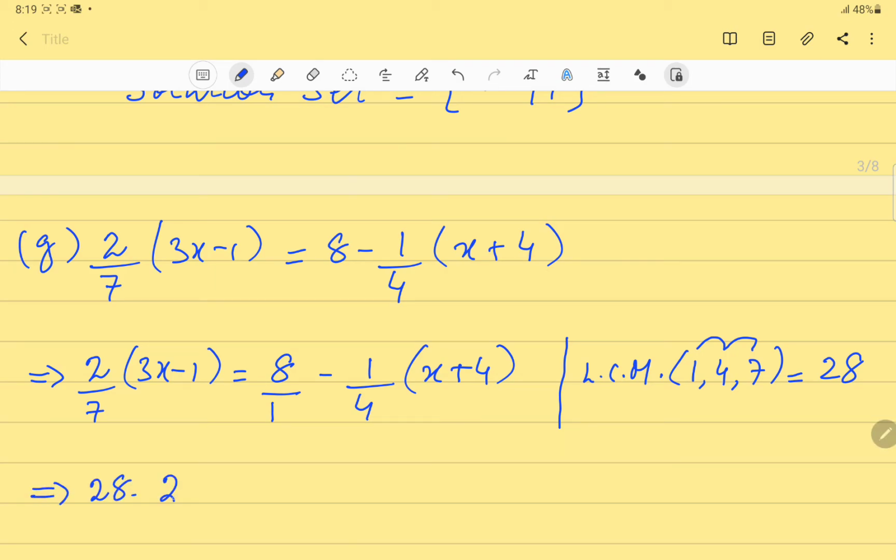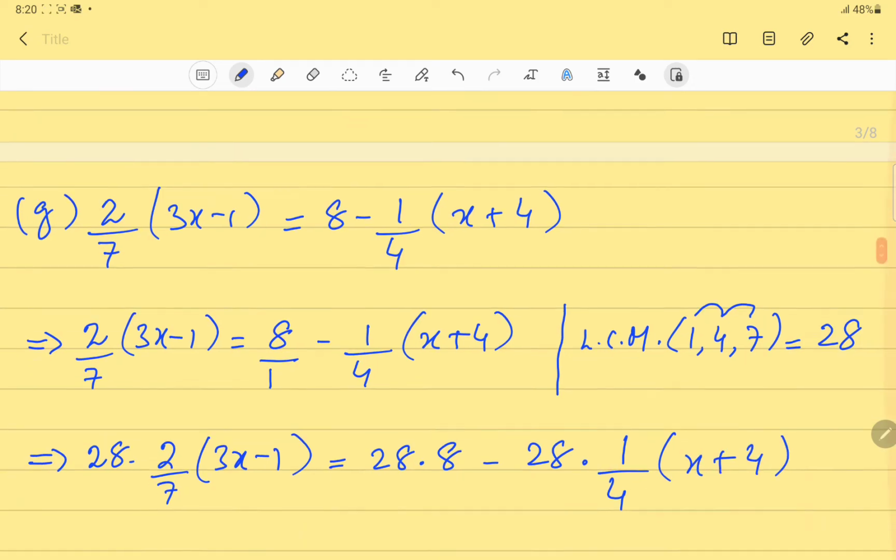28 multiplied by 2 over 7 into 3x minus 1 is equal to 28 multiplied by 8. 1 I am leaving, no need of that because it will make no change. So 28 multiplied by 1 over 4 into x plus 4.